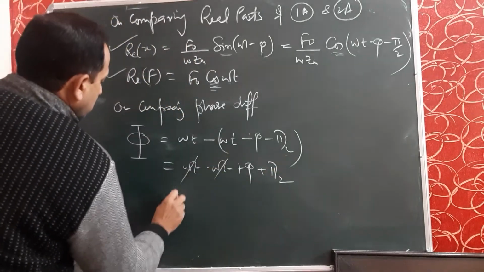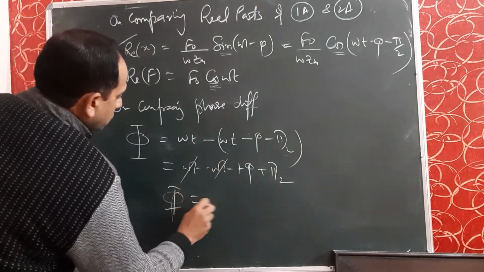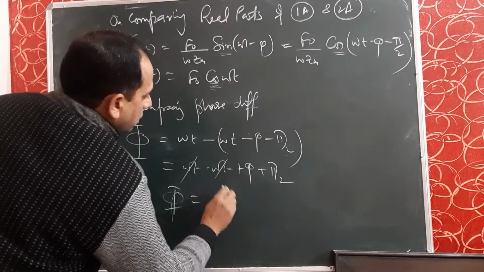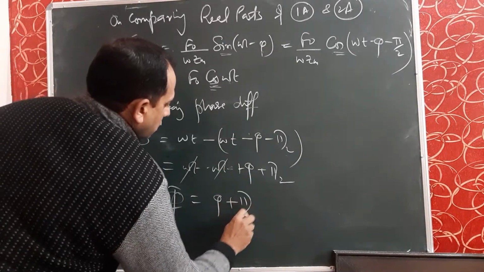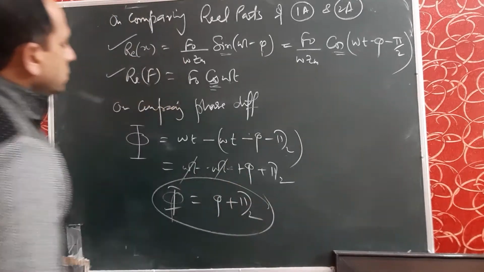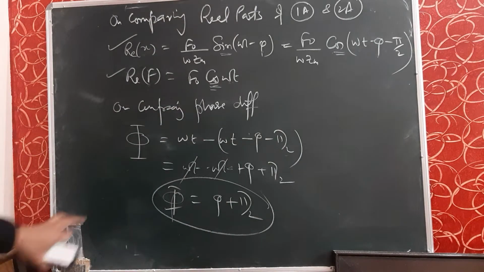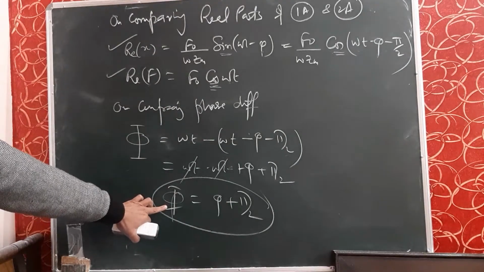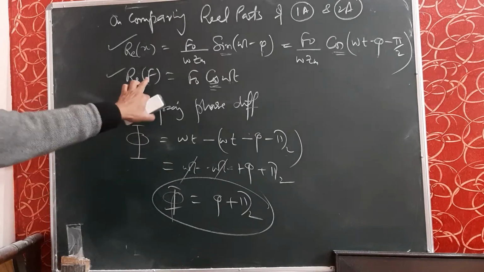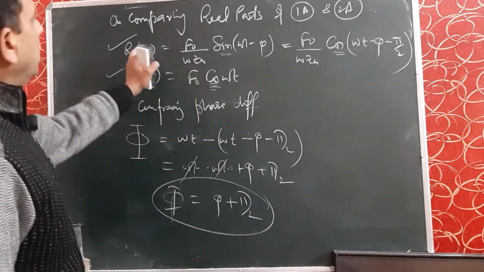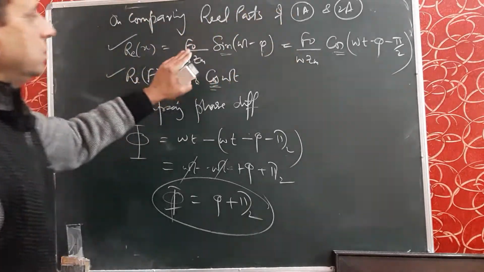So omega t cancels. So capital phi is equal to small phi plus 90. So this is the phase difference, capital phi, between the driving force and displacement.